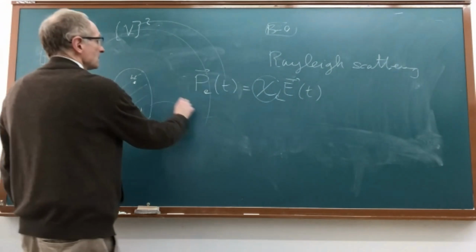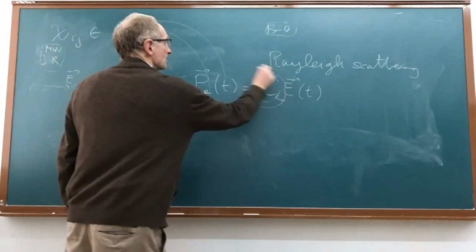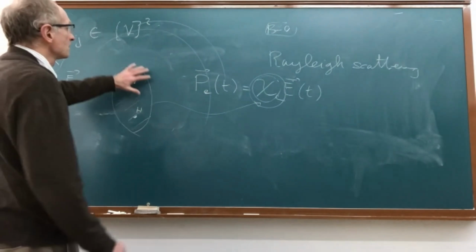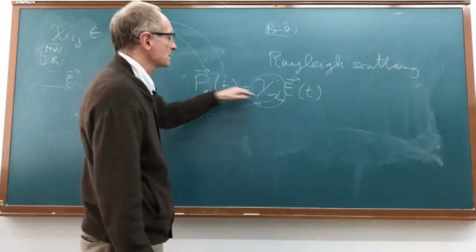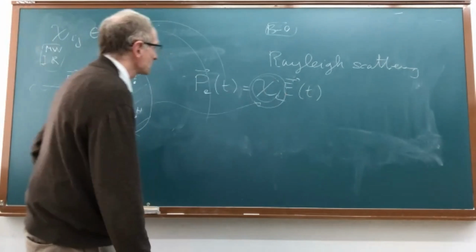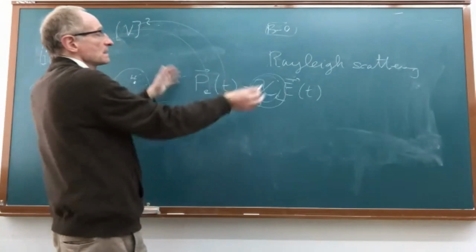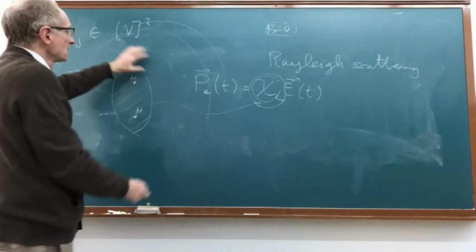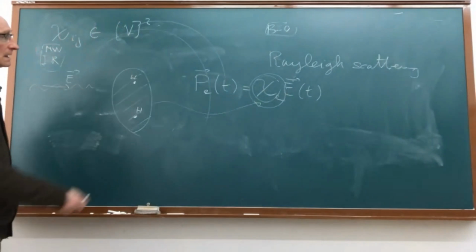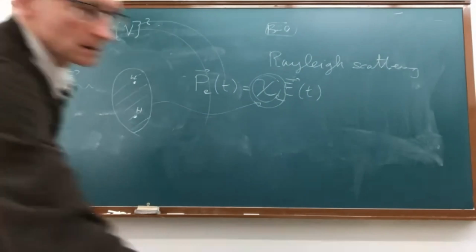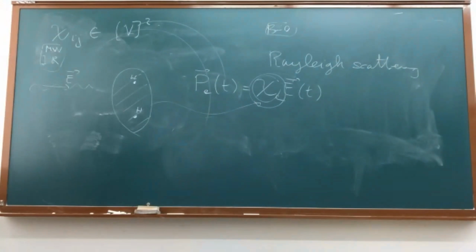And this is described by this polarizability tensor. The response of this cloud to the electric field is described by this polarizability tensor. And you know that rank 2 symmetric tensors can be represented more or less like ellipsoids, or paraboloids, general conic sections, quadratic forms or things like that.